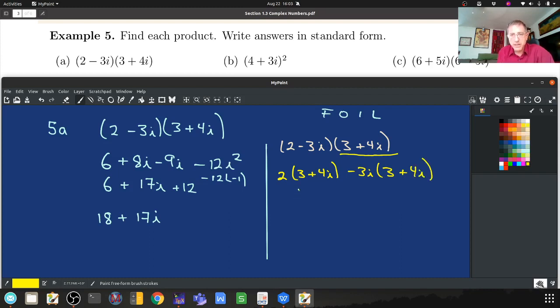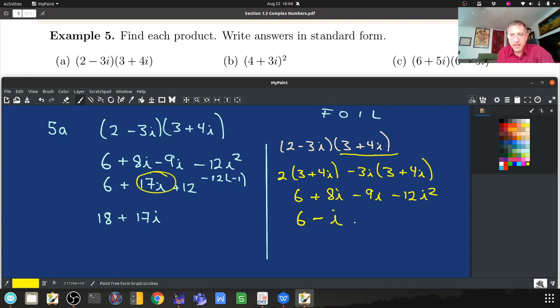2 times 3 is 6. 2 times 4i is 8i. Minus 3i times 3 is minus 9i. And minus 3i times 4i is minus 12i squared. It's exactly the same. That's going to be 6. Oh, that was the problem.